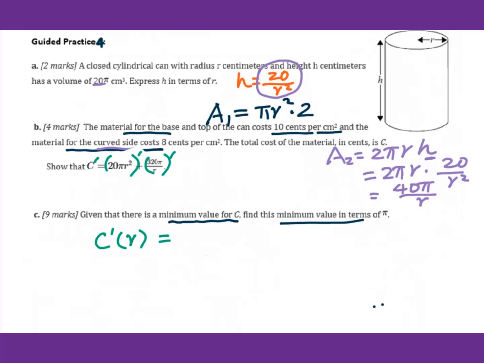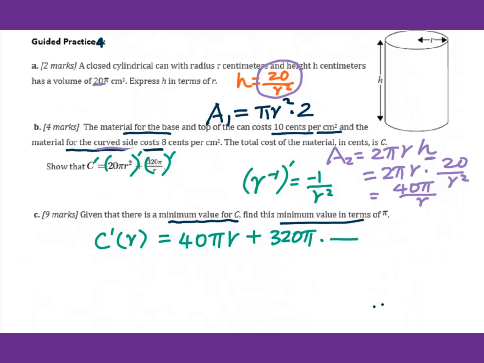You will get 40 pi r plus r to the negative first power, that is negative 1 over r squared. So we have 320 pi times negative 1 over r squared. That is 40 pi r minus 320 pi over r squared.